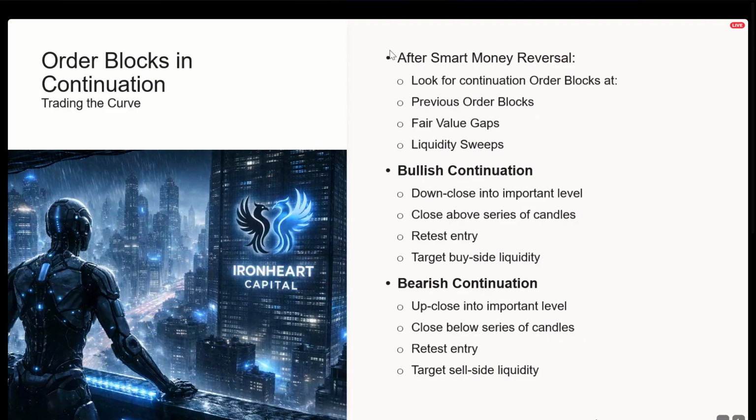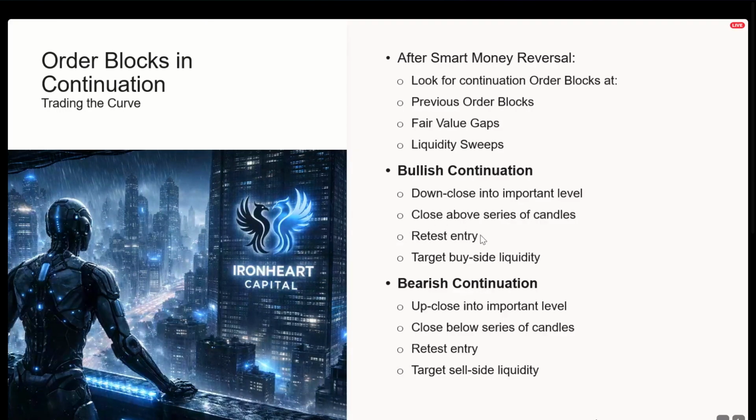So in continuation, after that reversal, you can look for continuation order blocks at previous order blocks, at fair value gaps, and around liquidity sweeps, right? For example, in a bullish continuation, you have your down close candle or series of down close candles into that important level. You have your close above that single candle or series of candles.